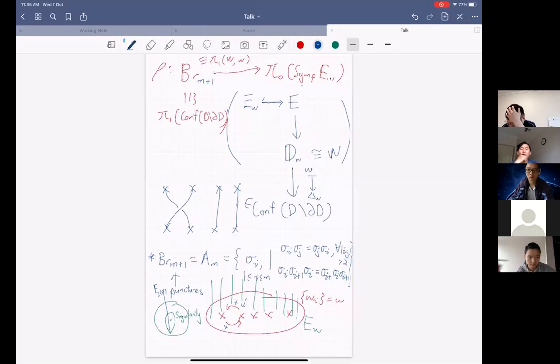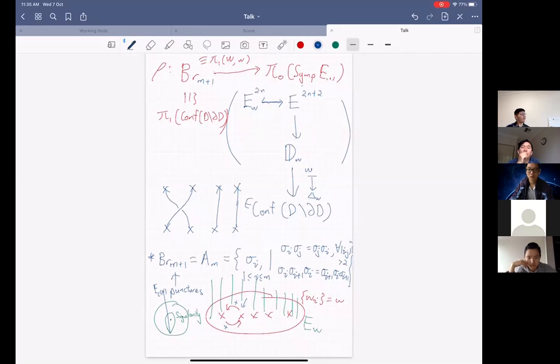Which dimension? E and E_W. E_W has the dimension decreased by 2, right? Suppose E is 2n plus 2. Then E_W is 2n.